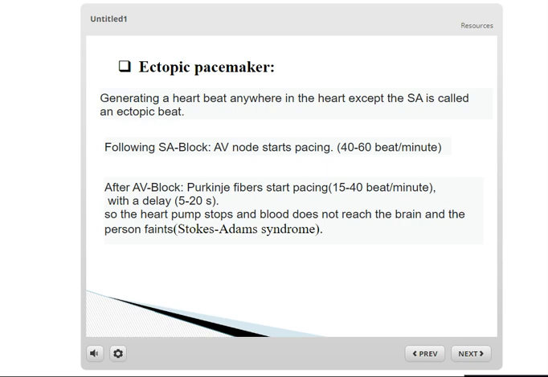When the Purkinje fibers become the pacemaker after an AV node block, there is a significant delay, 5 to 20 seconds, before the ventricles are activated. This delay can cause the heart to stop pumping effectively, leading to a lack of blood flow to the brain and resulting in fainting or loss of consciousness, known as Stokes-Adams syndrome.